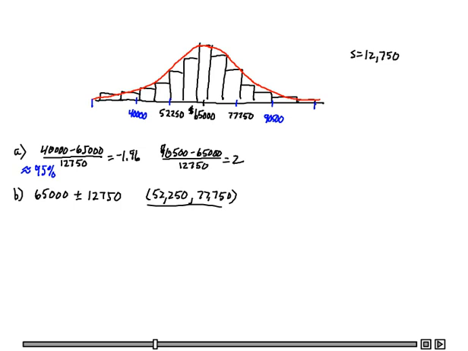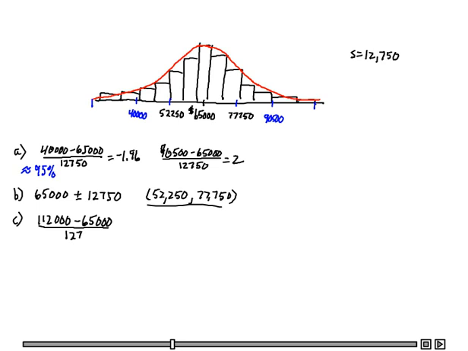Approximately 68% of the values in the data set will be priced somewhere between $52,250 and $77,750. Okay, part C. Would a home that cost $112,000 be considered an outlier? Anything beyond 3 standard deviations is considered an outlier, so let's check how many standard deviations that 112,000 is away from the 65,000.